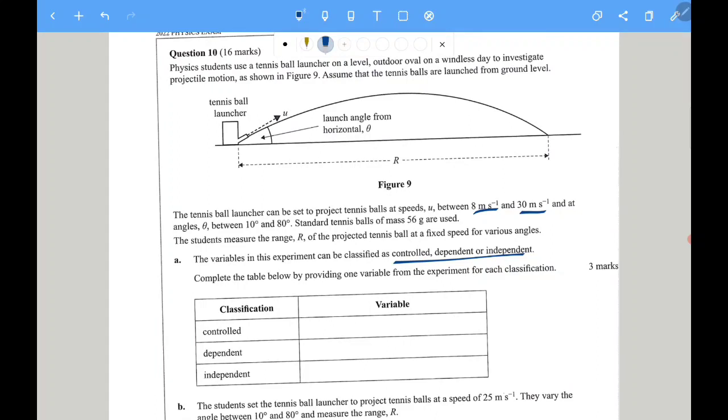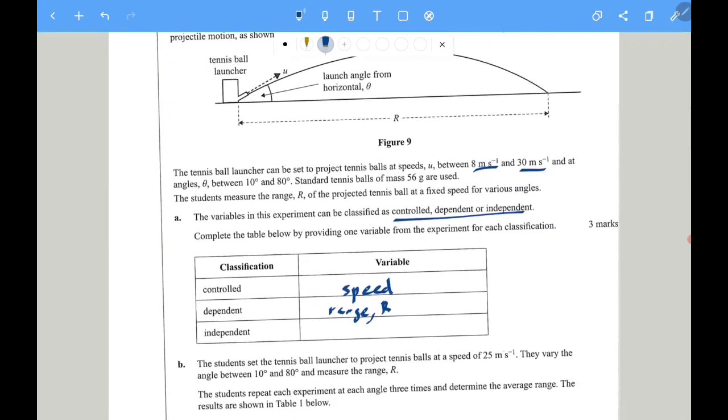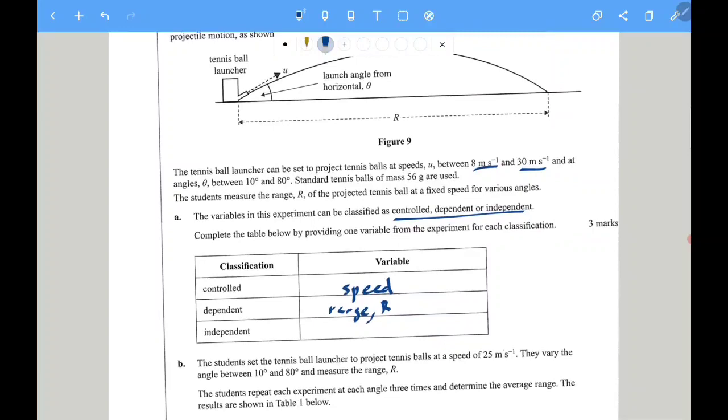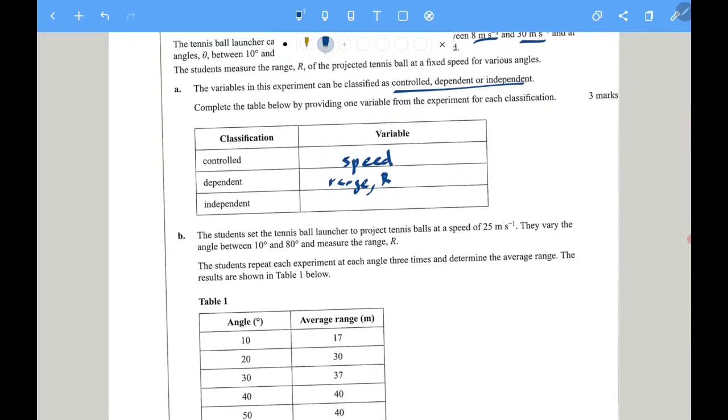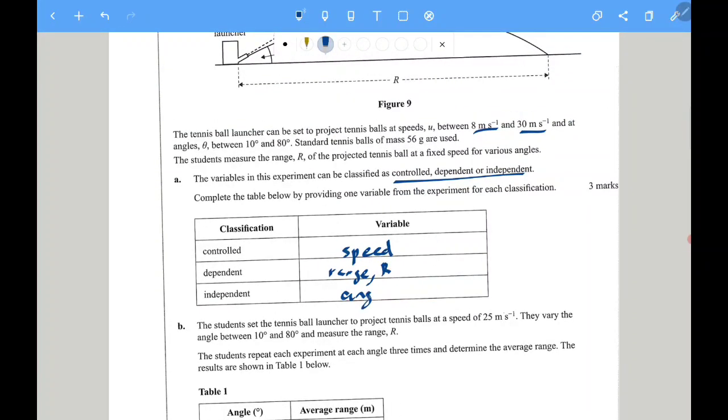So we are measuring the range, right? Of course, our speed is fixed, and the independent variable in this case seems to be the angle. Yeah, we are changing the angle.